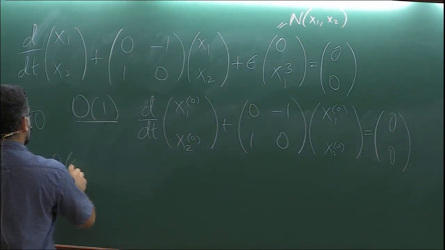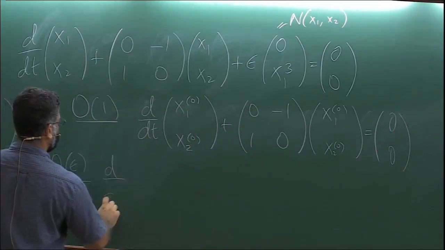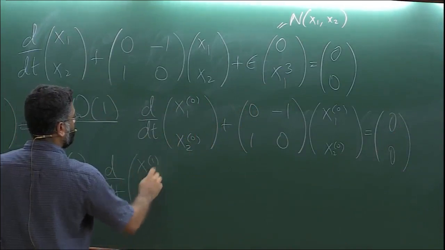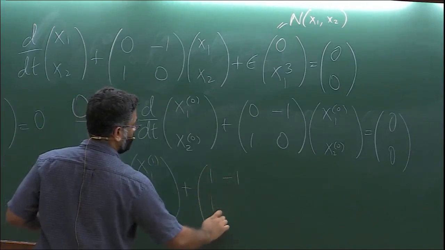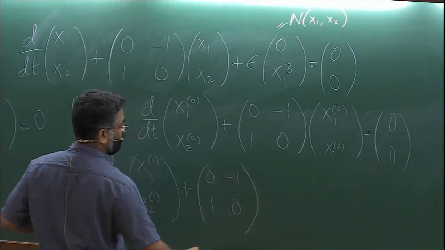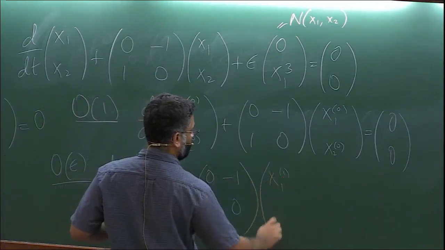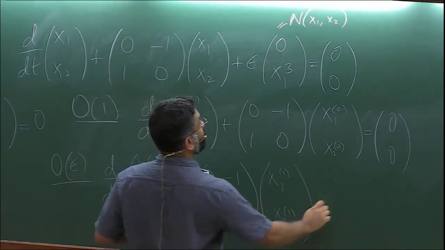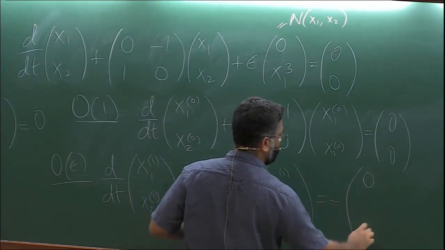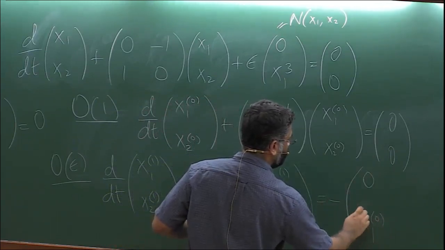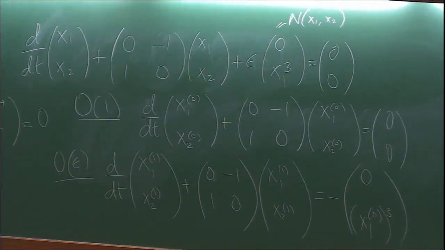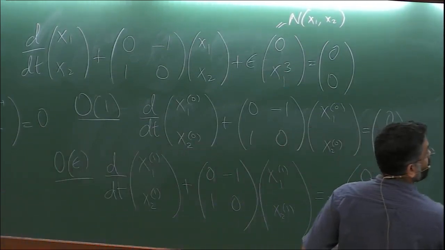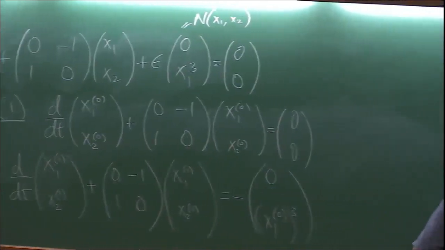And then the order epsilon equation: d/dt (x1,1, x2,1) plus the matrix (1, -1; 0, 0) times (x1,1, x2,1) will equal minus (0, x1,0 cubed). Everyone good with that?